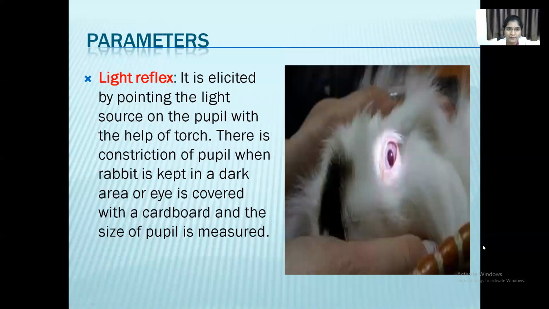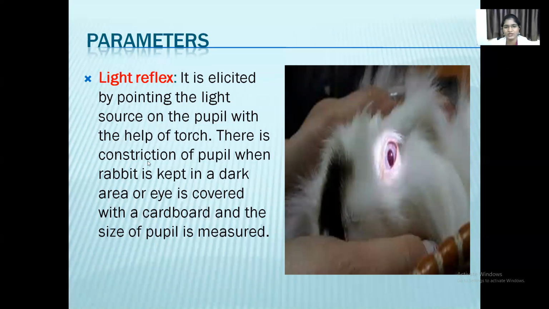Then the next parameter is the light reflex. Here you can see the light reflex, when light is focused on the rabbit eye. It is elicited by pointing the light source on the pupil with the help of a torch.